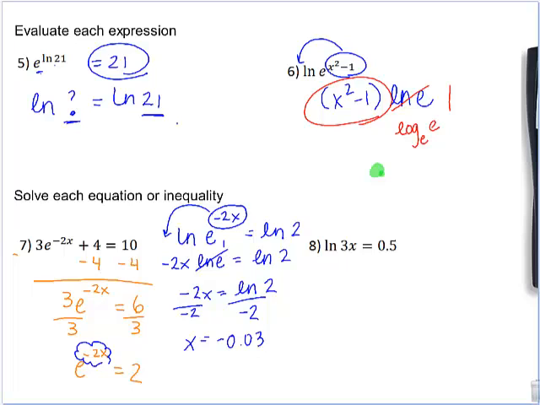Nope, there should not be 2 zeros in there. Sorry about that. Your answer should be negative 0.3466. Make sure that you are able to get that correct answer and use your calculator correctly.